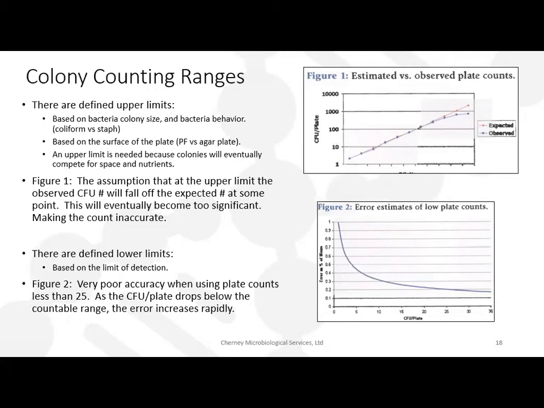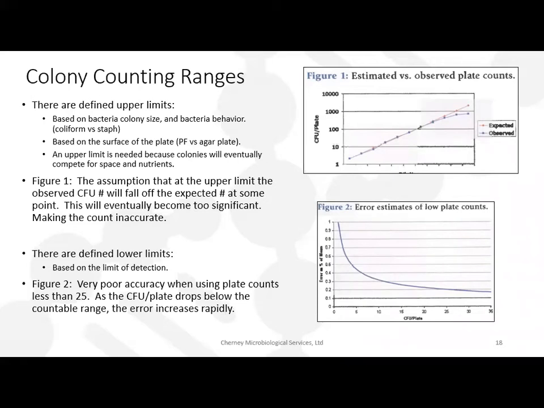This upper limit is needed because these colonies will eventually compete for space and nutrients. If you look at figure 1, the estimated versus observed plate counts, in red is what you're expecting, and in blue is what you're actually observing. As the chart goes on, you see that you don't get the expected count. It tapers off.